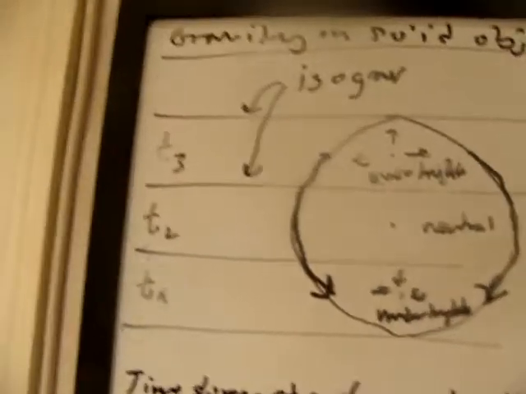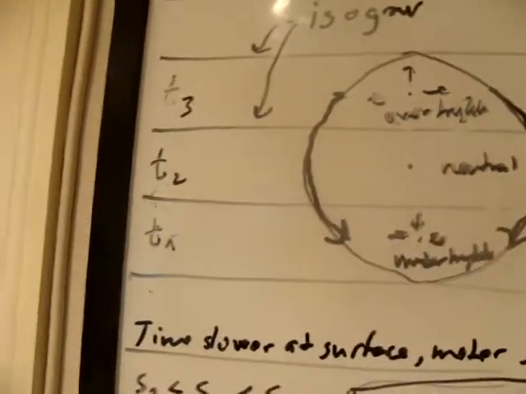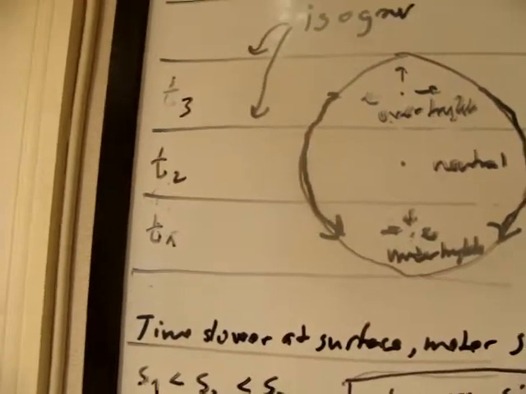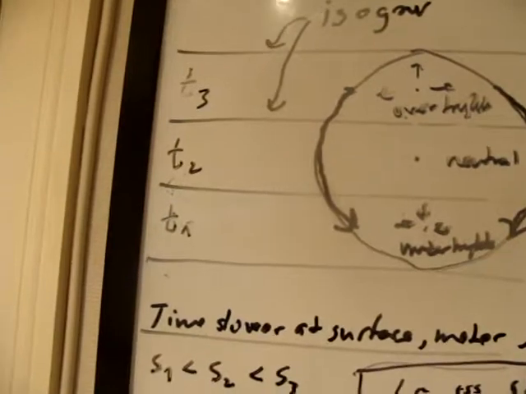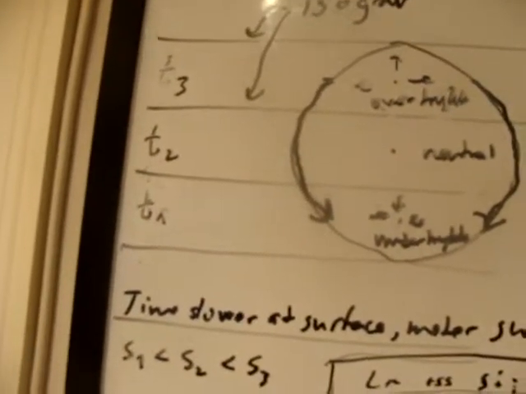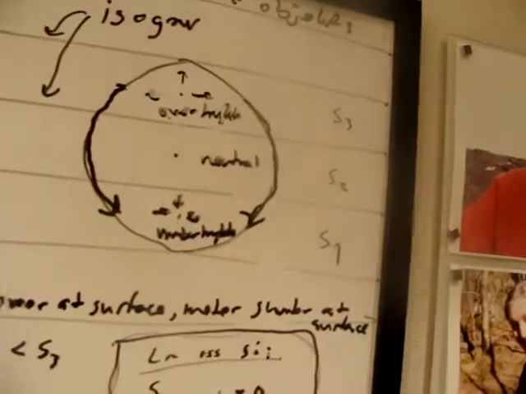As some of us know, time towards the surface, or towards any significant gravity well, is slowed down towards the center, towards the massive object. Like a black hole, the time at the event horizon is almost slowed to a halt.